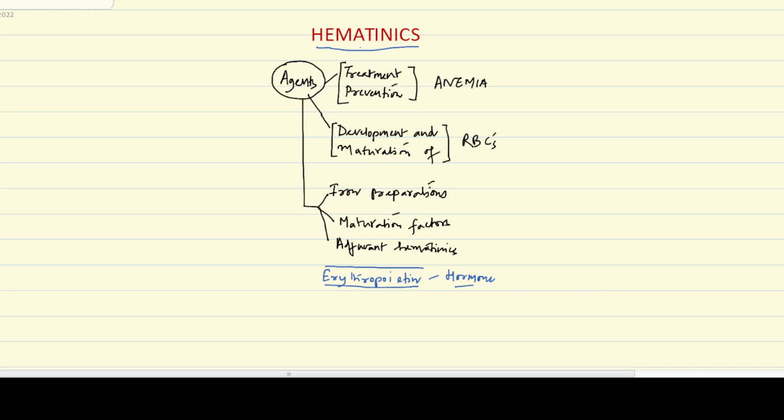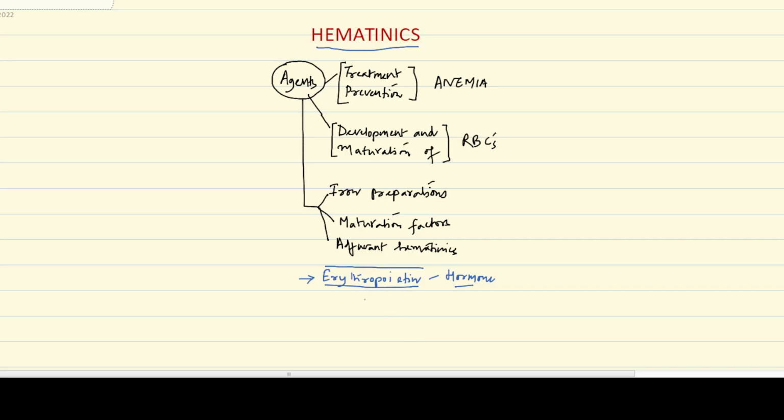Meaning hematinics referring to nutrients which are used in the growth and development of RBCs. Okay. However, in many textbooks, along with hematinics, we also find a reference to the hormone erythropoietin and its analogs. Okay.